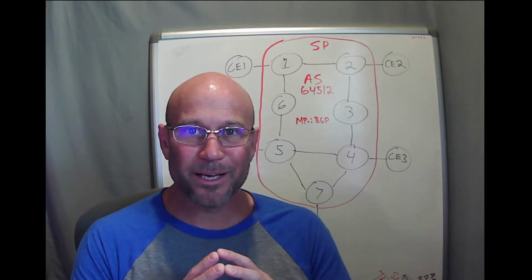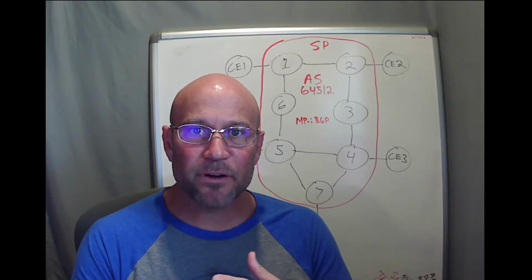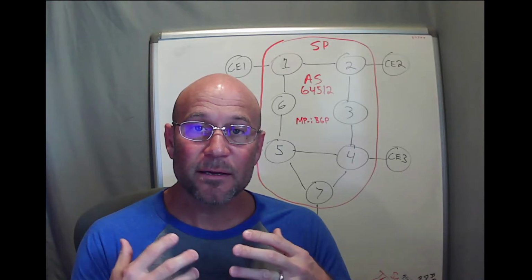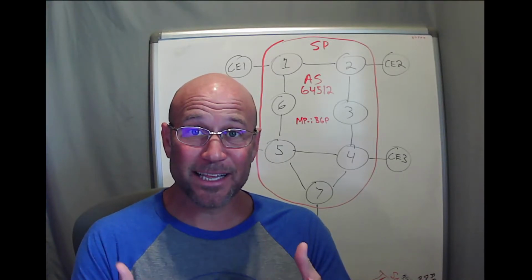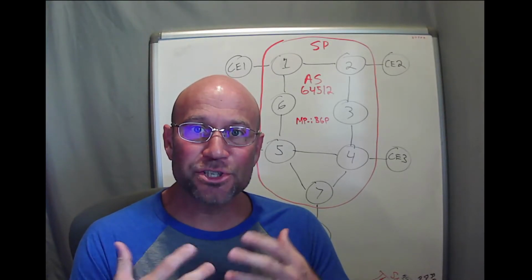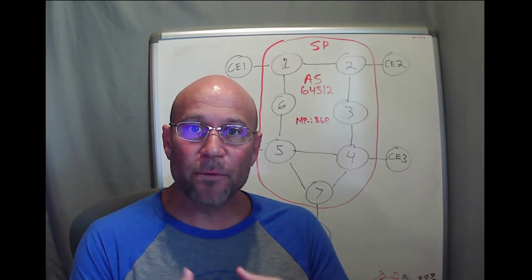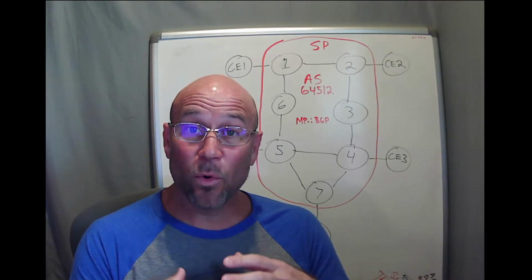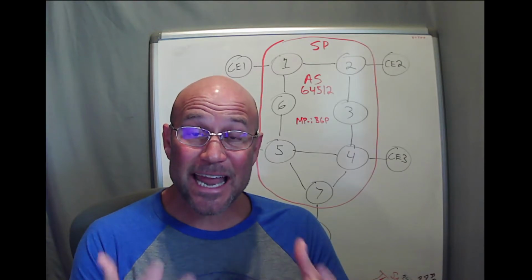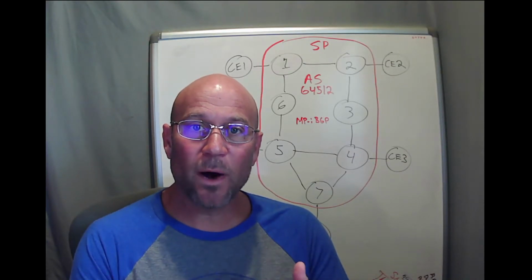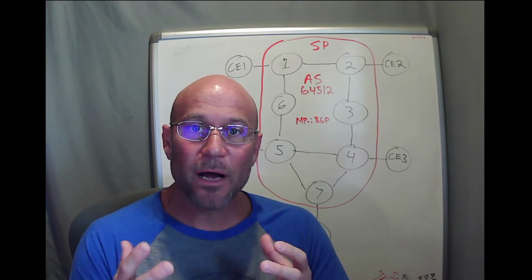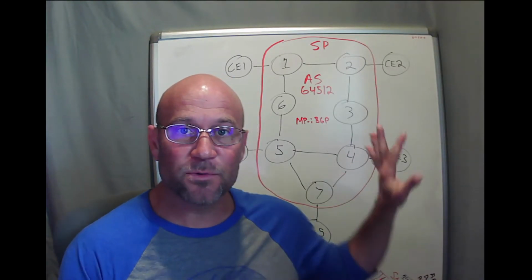Because of this full mesh rule, it becomes an administratively burdensome task, an increasingly burdensome task as your network grows. So the more nodes you have, the more TCP neighbor sessions you will be required between your iBGP speaking nodes within your network.